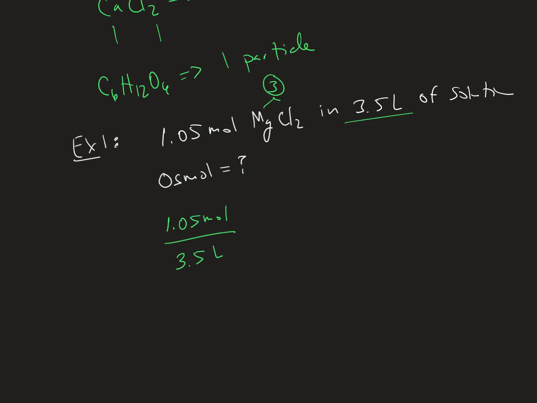Change that to osmolarity by multiplying by 3 because there's 3 particles. Good? We do that and we get 0.9 osmol of magnesium chloride.